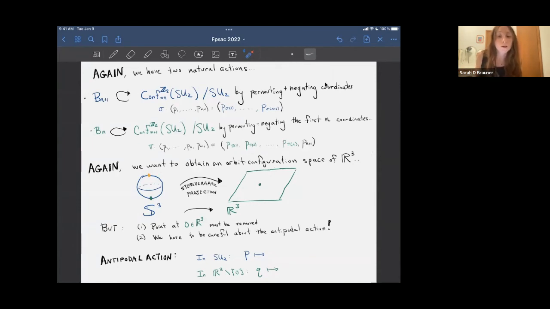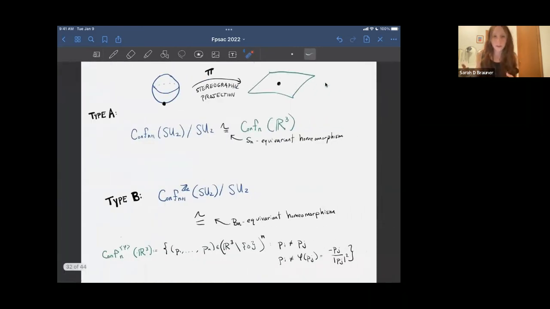What's more subtle is that we have to be careful about the antipodal action. In SU2, the antipodal action was just sending P to negative P, but once I stereographically project, I get a weird scaling factor: Q goes to negative Q over its magnitude squared. So I still have a Z2 action over here, but it's a little bit strange.